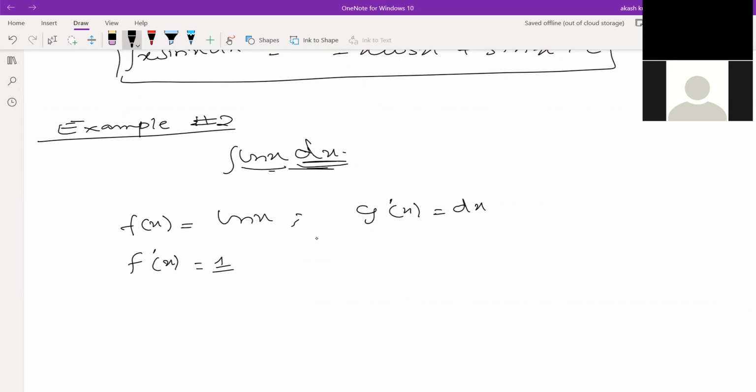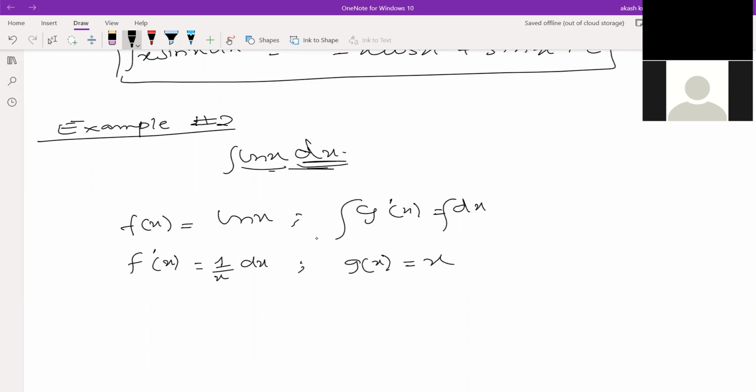1 over x dx. And we have to take the integral of it. g dash of x becomes g of x, and if you integrate the differential function, it becomes x.